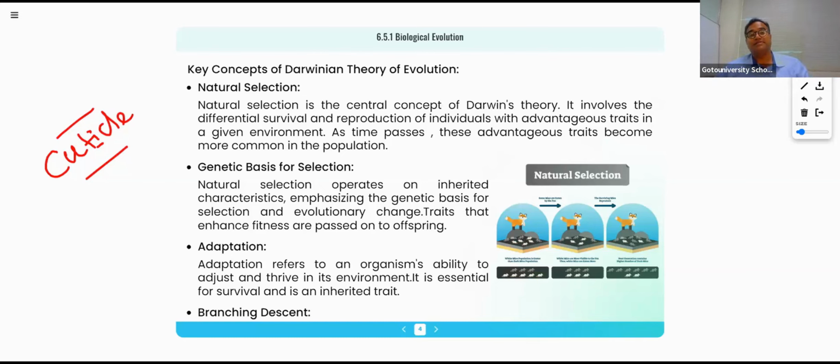Branching descent. Branching descent means, for example, from this ancestor, after 1 million years, I got descent one. After 2 million years, I got descent two. After 3 million years, I got descent three, and then descent one made descent four.